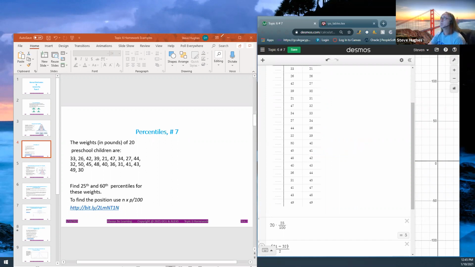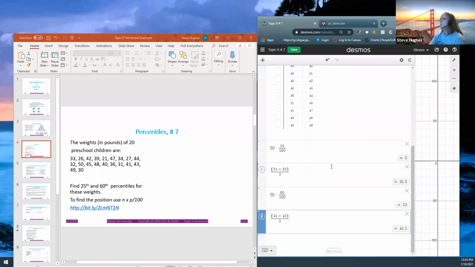Once again, step one, we found n times p divided by 100. It came out to be 5. It's an integer, so we look for the 5th and the 6th values, add them together and divide by 2, and it came out to be 31.5. 31.5 is the answer to my question for the 25th percentile. Second part, I wanted to find the 60th percentile.